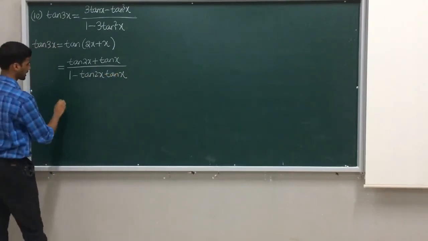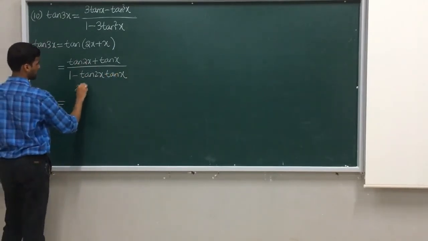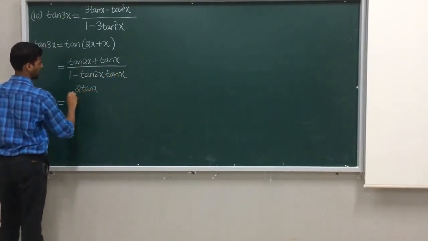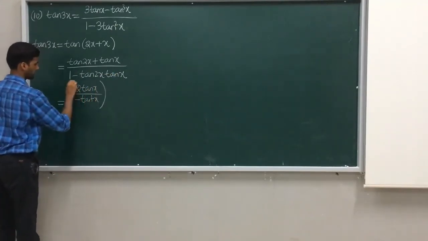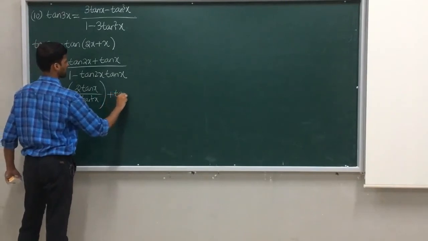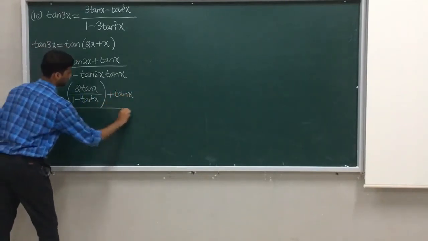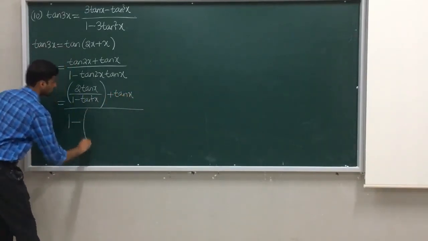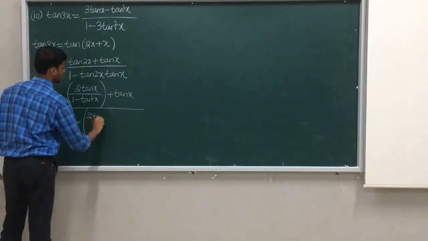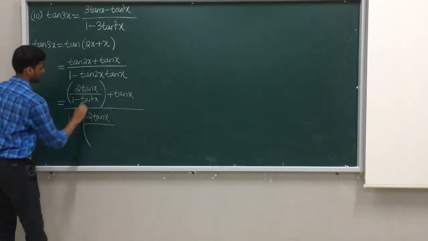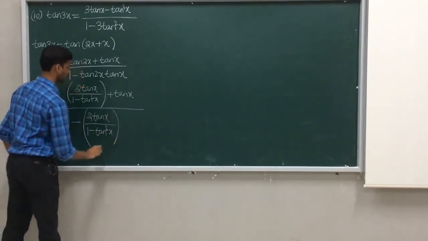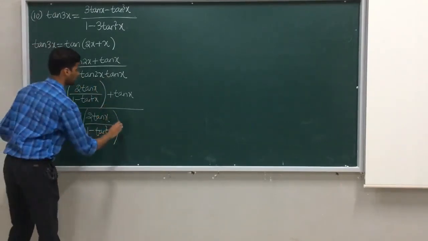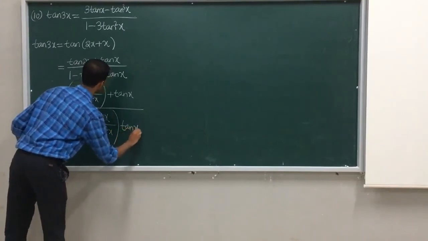Just now I told the tan 2x answer: 2 tan x upon 1 minus tan square x. Plus tan x, whole divided by 1 minus 2 tan x upon 1 minus tan square x, that we know is tan 2x, into tan x. Hope you understood.